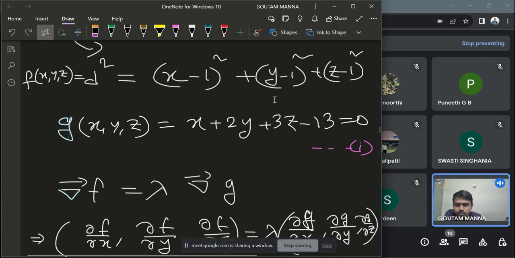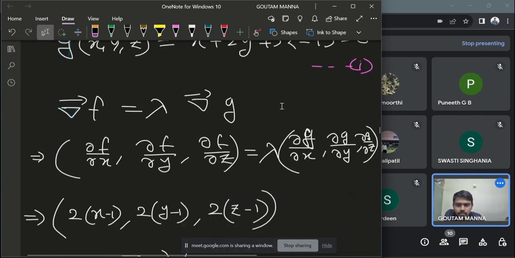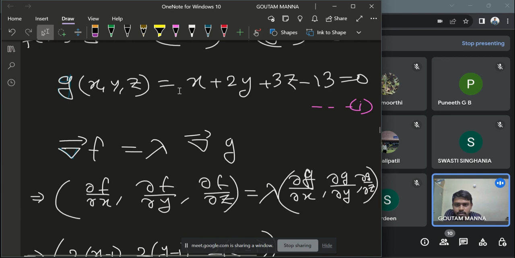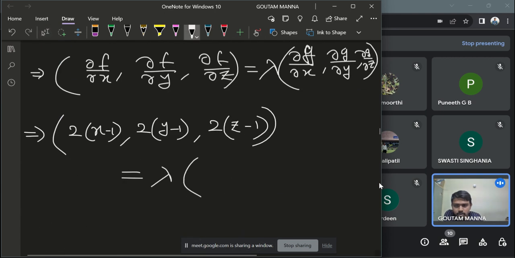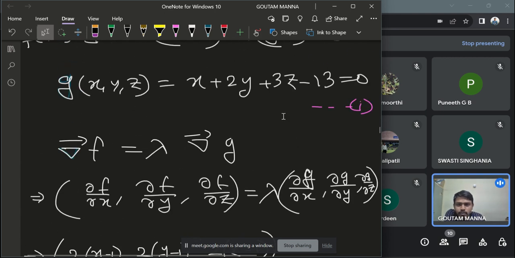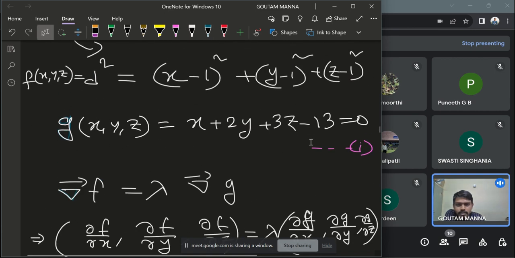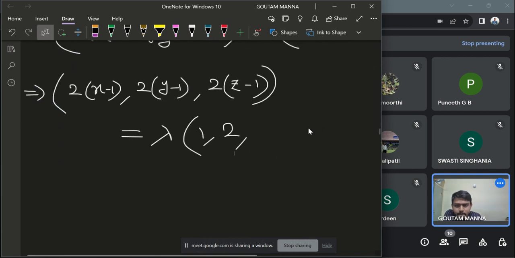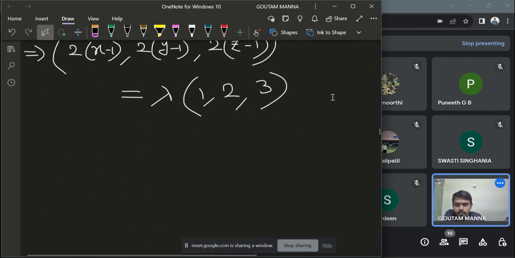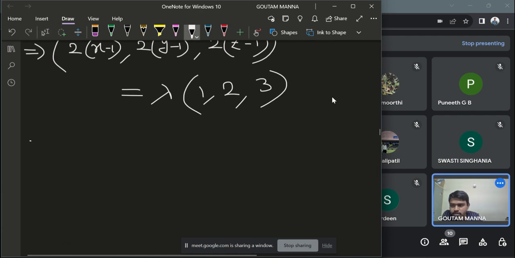Del g del x is 1, because only the first term will survive. Now del g del y will be 2, and del g del z is 3. So here we have 3 equations.